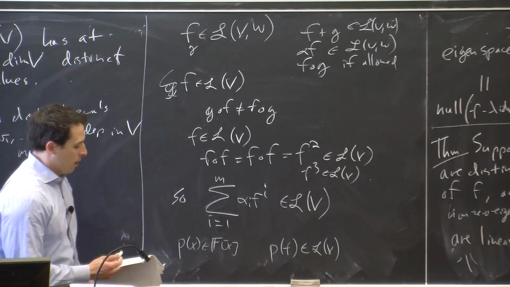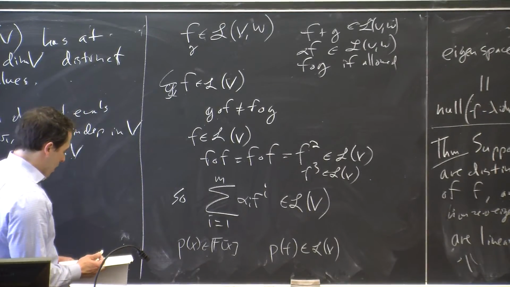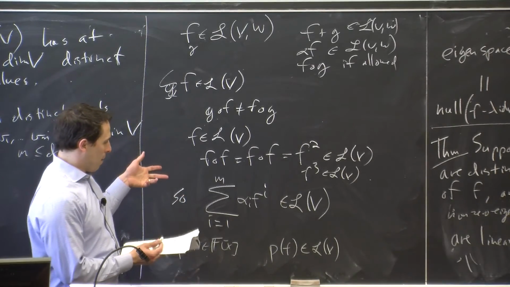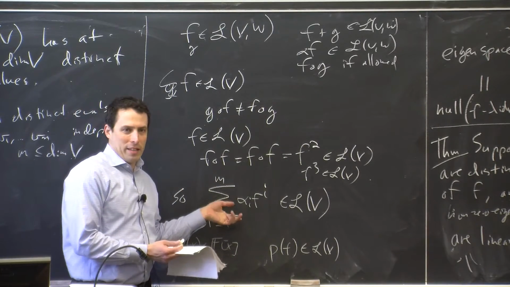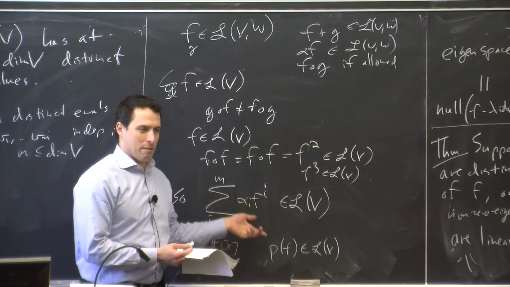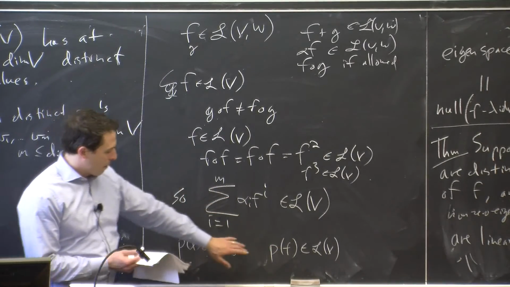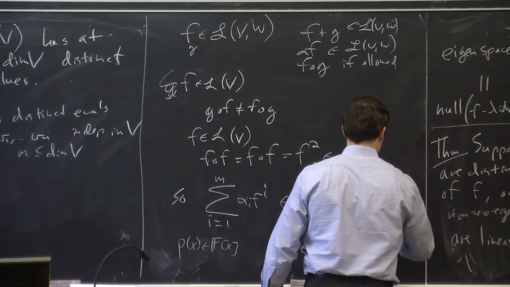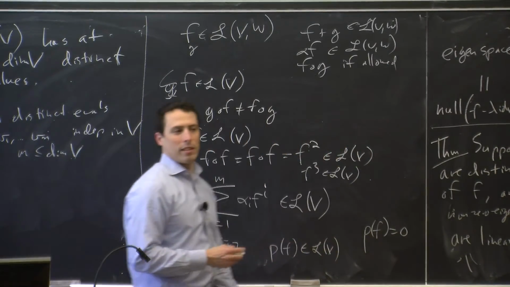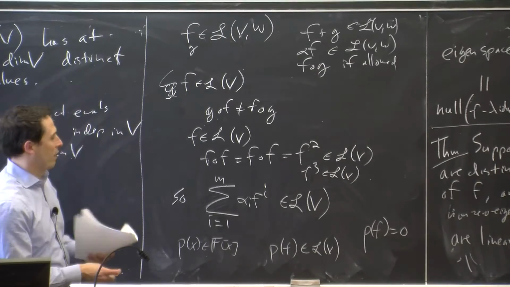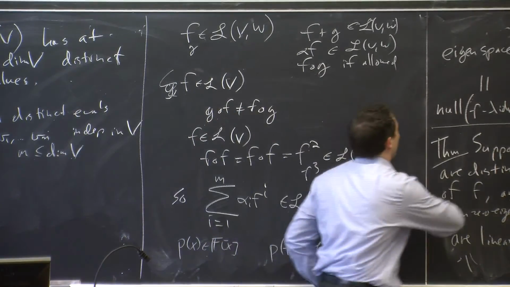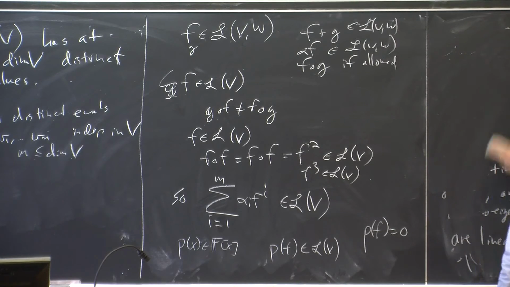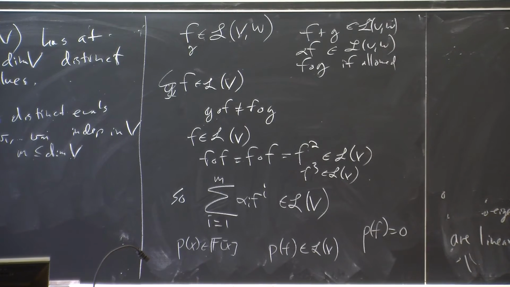Well, it's because it now allows us to use anything we know about polynomials and figure out how that translates into linear transformations. I can take f and think about polynomials in terms of f, and I can ask questions like, which polynomials are 0 for f? How do the polynomials factor? Things like that, and use that to explore the properties of f. Every property of a polynomial, in some sense, is going to translate into some property for f.